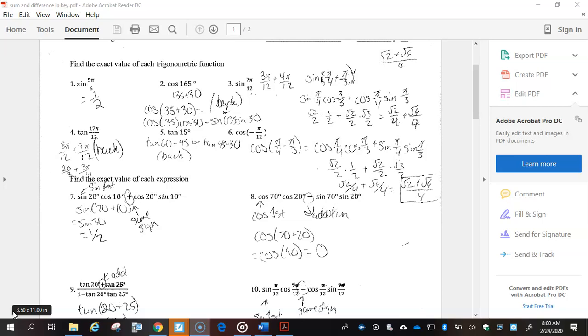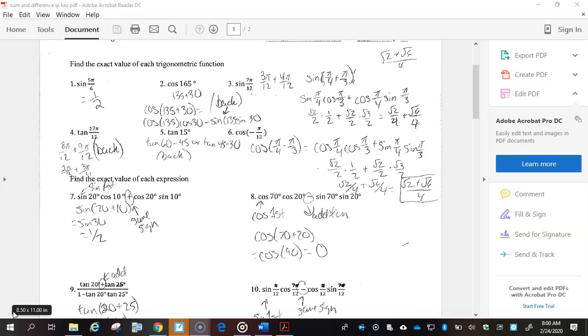For 5, I used 60 and 45, but you could have also used 45 and 30 or anything else on the unit circle that gave you 15. For 6, I used pi over 4 minus pi over 3. To get the same thing for 3, √2 plus √6 all over 4.